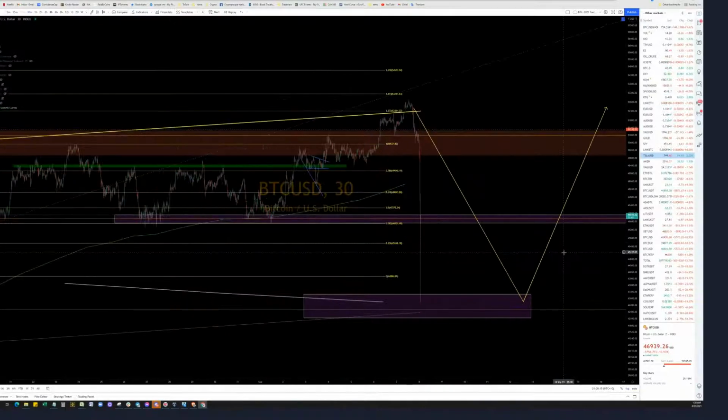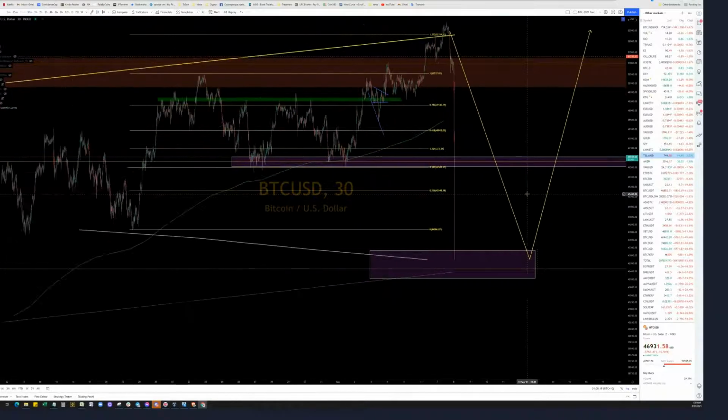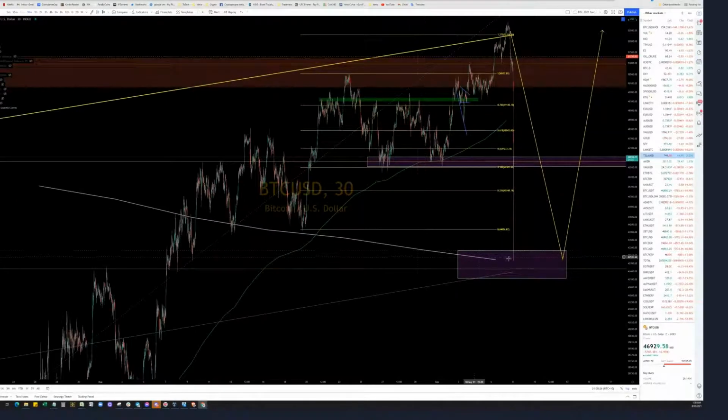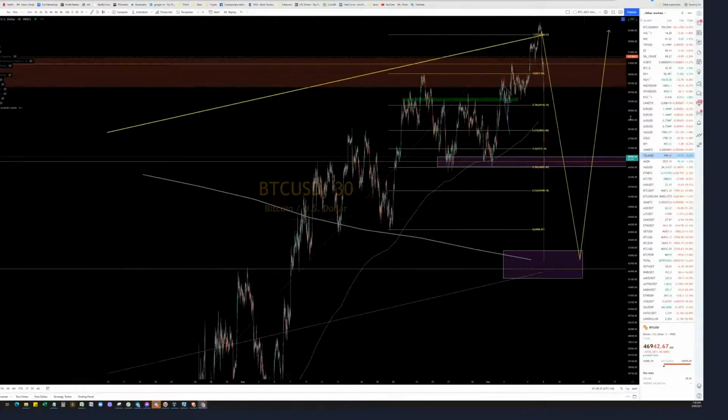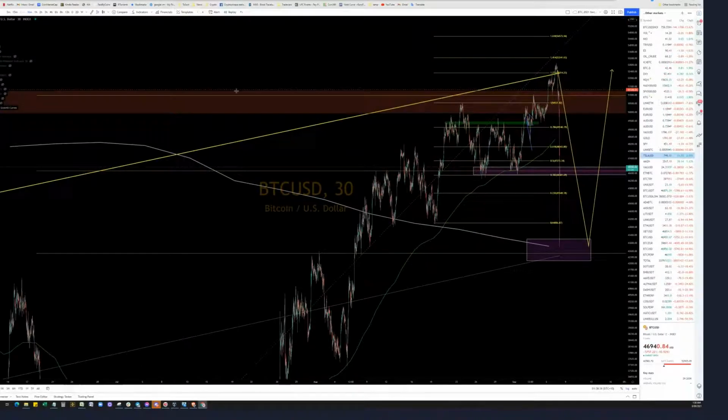Unfortunately, I didn't have much money left, and what money I had, I'm not going to do it on a dropping knife, and I wasn't quick enough to do it anyway. So that is a weekly 21 moving average. Perfect. I think that's what saved it, as well as this fib level. So, bummer. And that was a 10% move to the upside so far. 8%. All right.